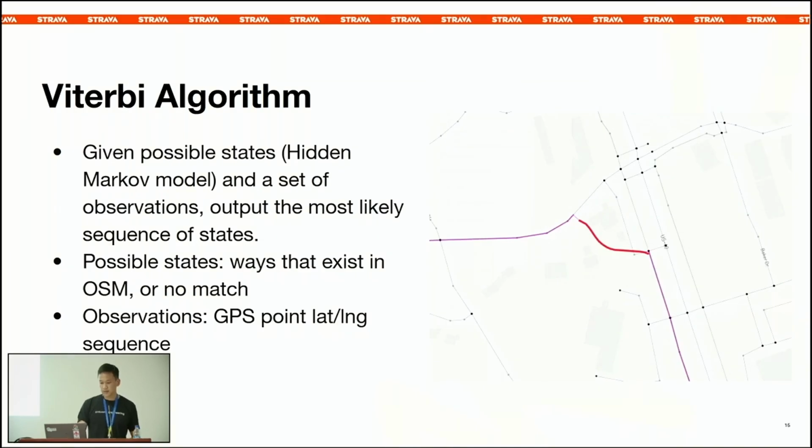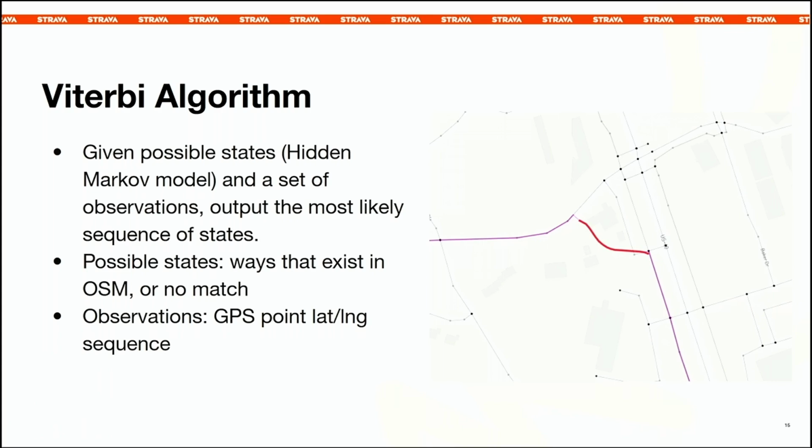The Viterbi algorithm is an algorithm where you're given a set of possible states. It's called a hidden Markov model, which basically means that there is a set of potential states, and you have a set of observations, and given those two inputs, you have to determine the most likely sequence of states given the set of observations.